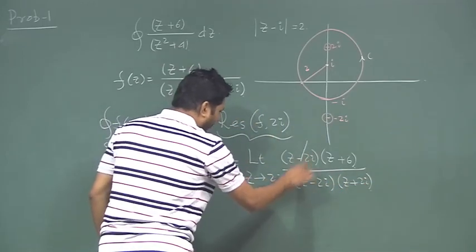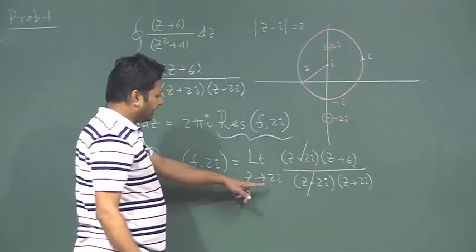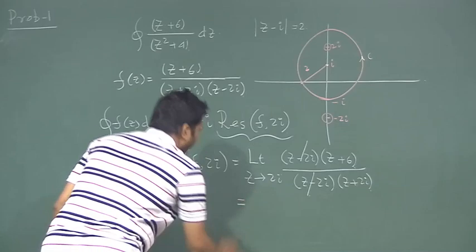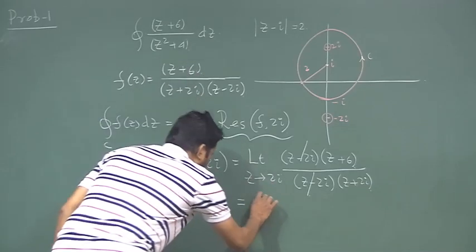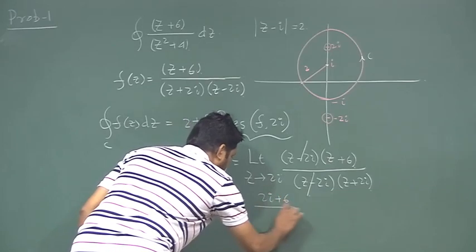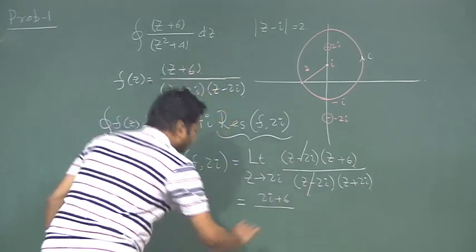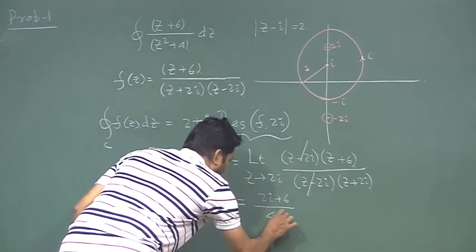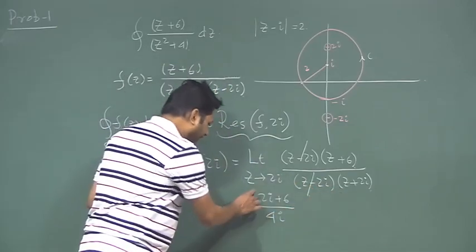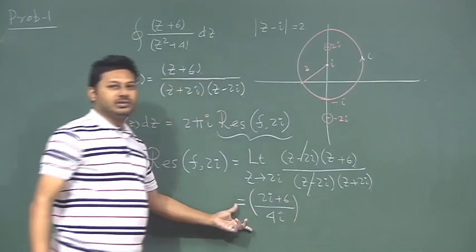So, z minus 2i will cancel out, and then if I put in the limit, that will be the residue. Putting 2i, it will be 2i plus 6 in the numerator, and downstairs 2i plus 2i, so 4i. Whatever value I have, this is my residue.